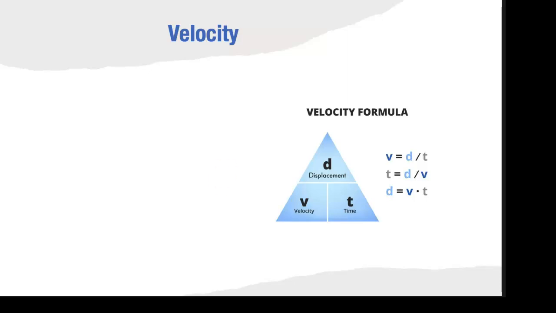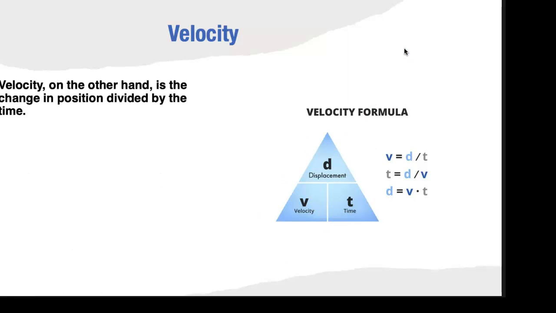If you're trying to find velocity, you have distance over time, or displacement over time. To find time, time is distance over velocity, and distance is velocity times time. I like that it was a triangle. It makes it real easy to figure out which one you're dividing by what. That's just a fun way to do it, and I think it is an easier way of remembering that.